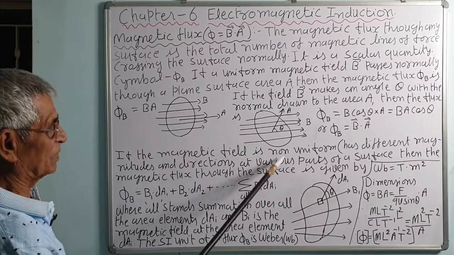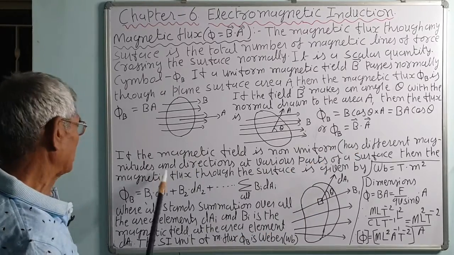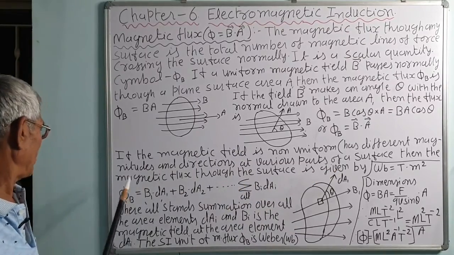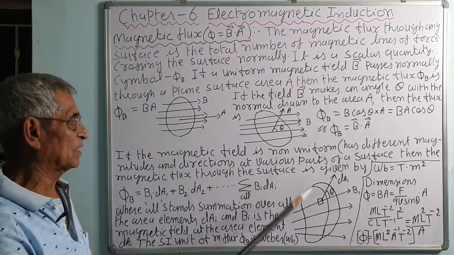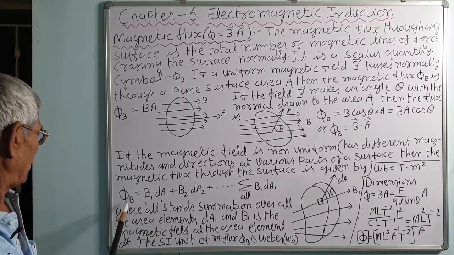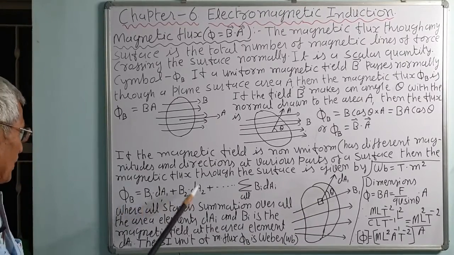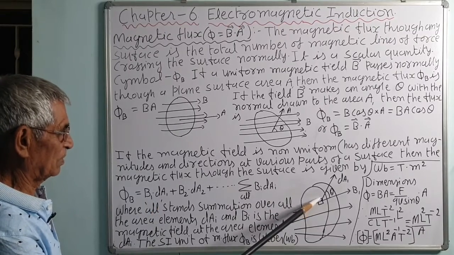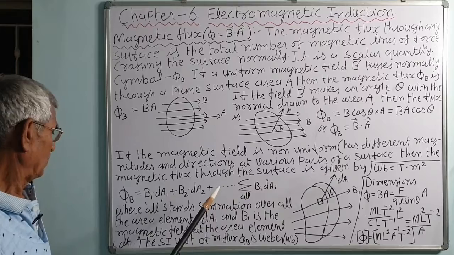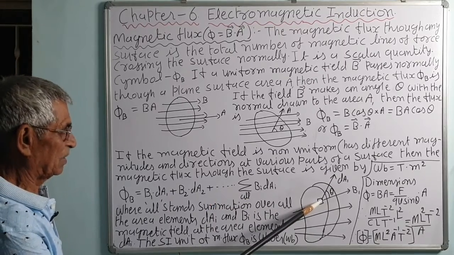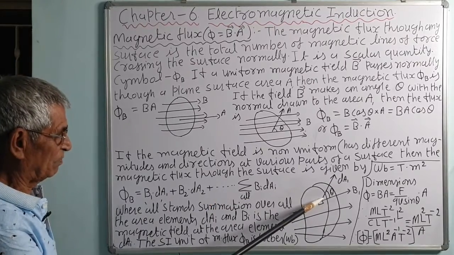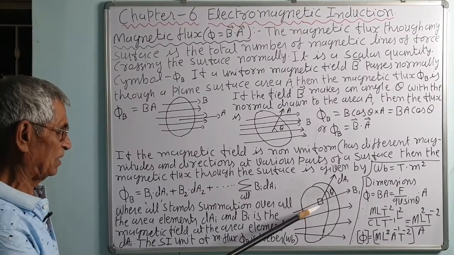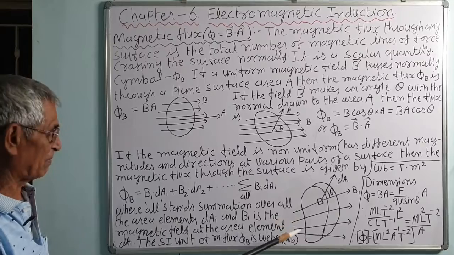If the magnetic field is non-uniform, that is, it has different magnitudes and directions at various parts of a surface, then the magnetic flux through a surface is given by the equation phi B equals the summation of B1 dot dA1, where this area is dA1. The field here is B1, because the field here and here are not the same in magnitude; here the field is weaker, here it is stronger.